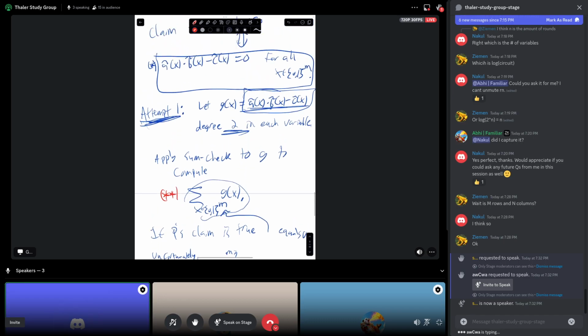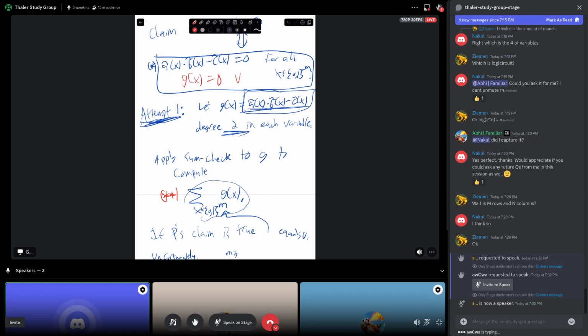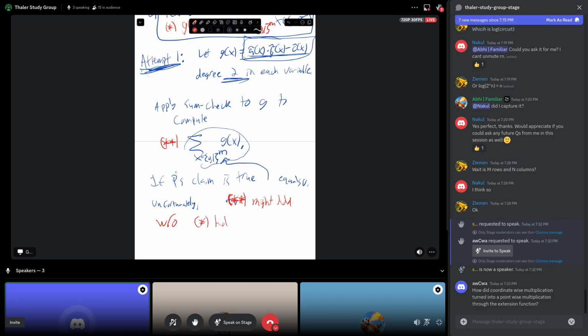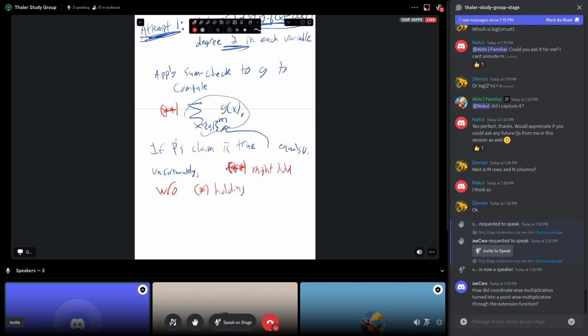But the prover's claim is that g of x equals 0 for all x. So this claim is equivalent to g of x equals 0 for all x in {0,1}^m. So if star holds, then star star equals 0. Unfortunately, the reverse is not true. Star star might hold without star holding. If star holds, then every term of the sum is 0, so the sum equals 0. But if the sum is 0, it doesn't mean that every term is 0.